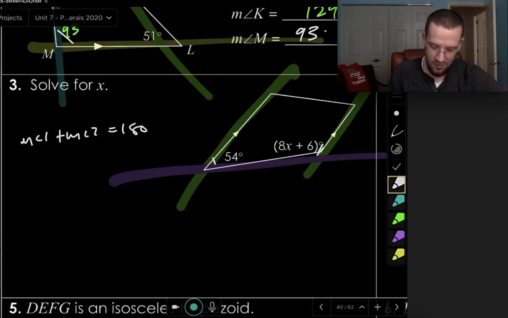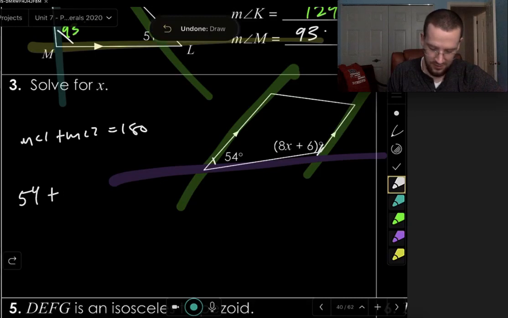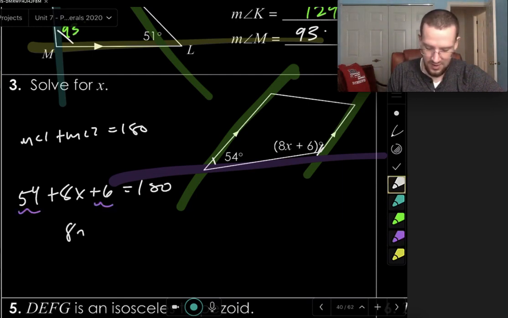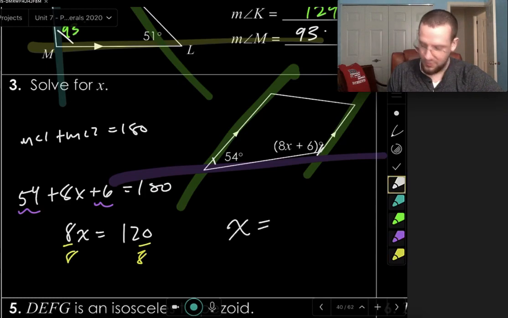And so the measure of angle 1 on the left there is 54, plus the measure of angle 2 is 8x plus 6, and that is 180. And we can simply combine like terms and then subtract that from both sides, and we get 8x is equal to 120. Divide both sides by 8, and we find x is equal to 15.